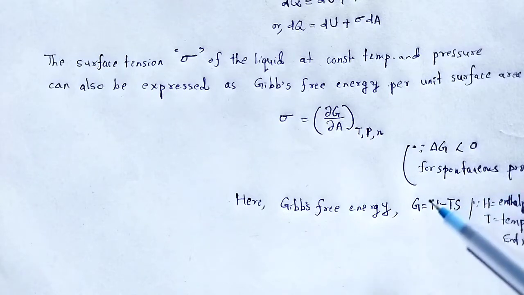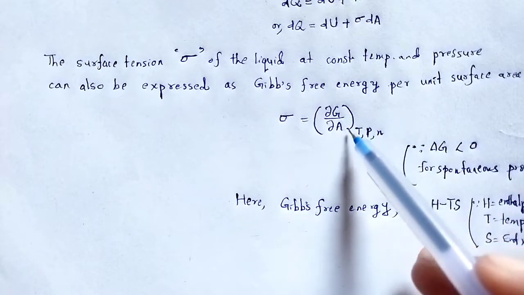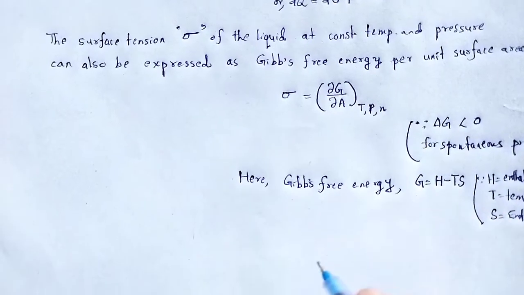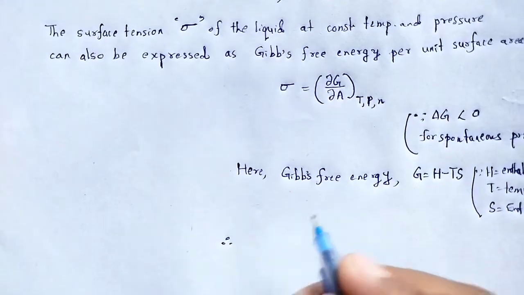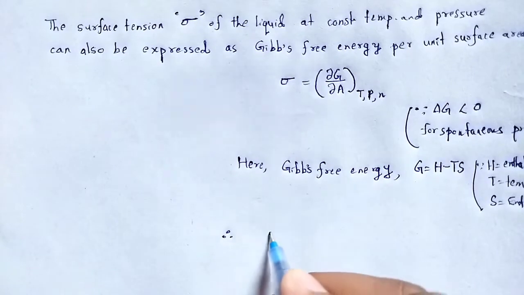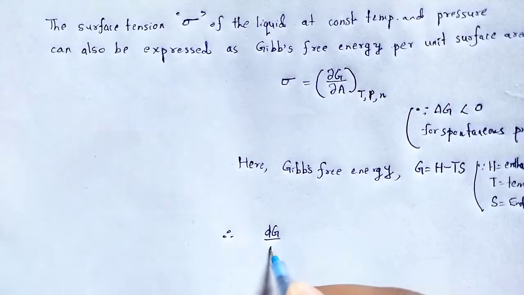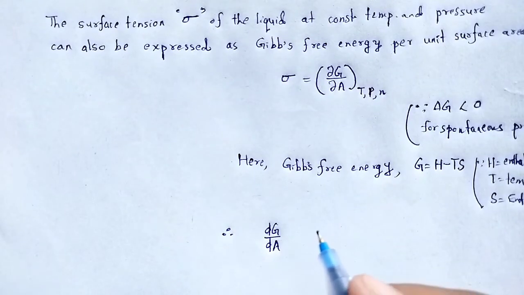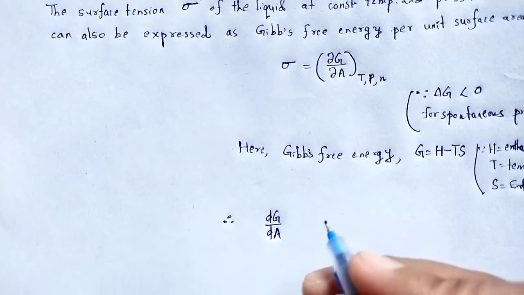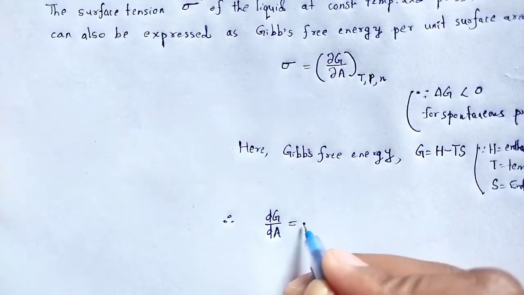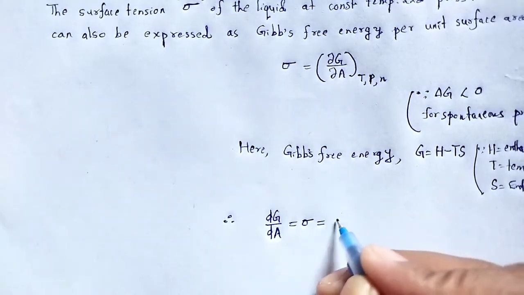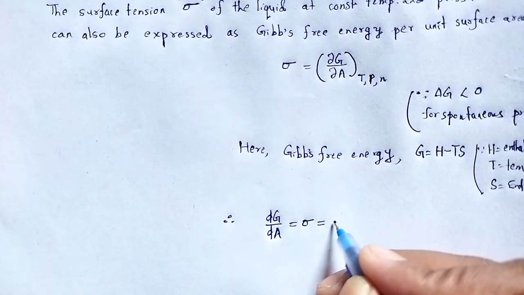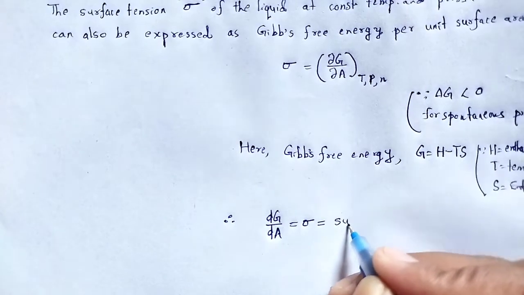Keeping in mind that dG by dA, surface tension, gives the free energy per unit area, that is sigma.